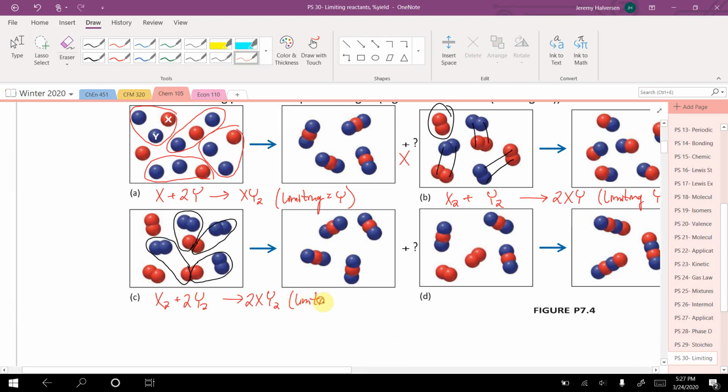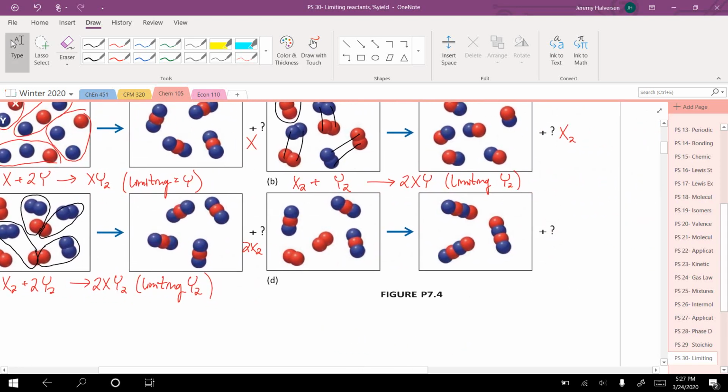My limiting is X2. And so this is left with 2Y2 is left over. Oh, wait. Hold on. X2 is left over, so my limiting is Y2. And I have two X2s left over. There we go.